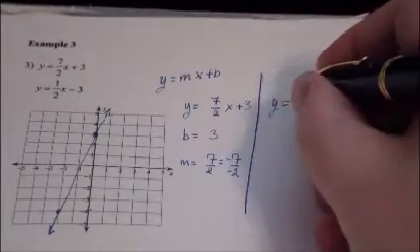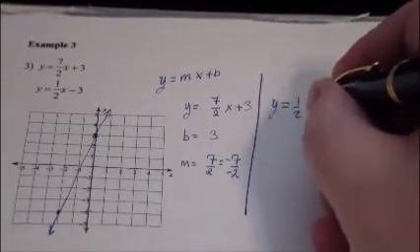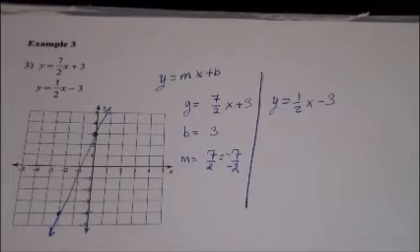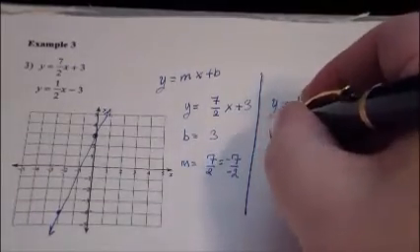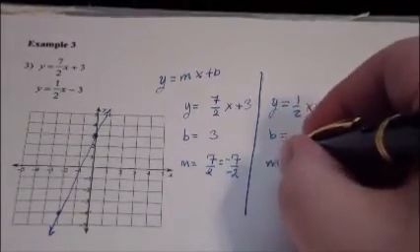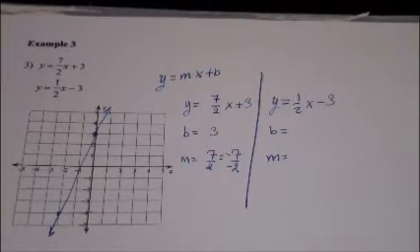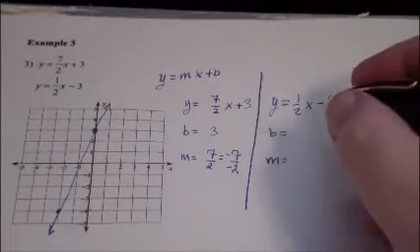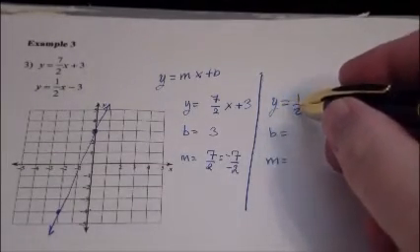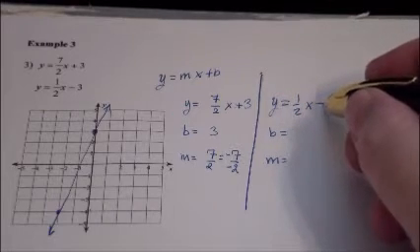Y equals 1/2 x minus 3. Okay. We want to find the y-intercept, our b. We want to find our slope, our m. So what we have here is y equals mx plus b.